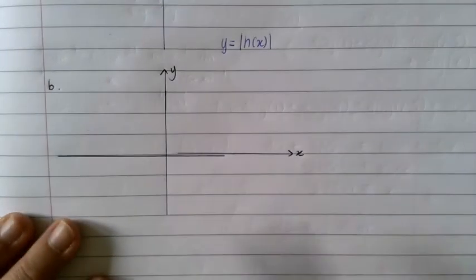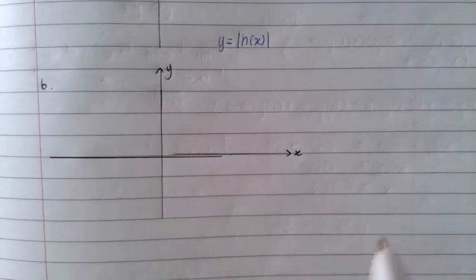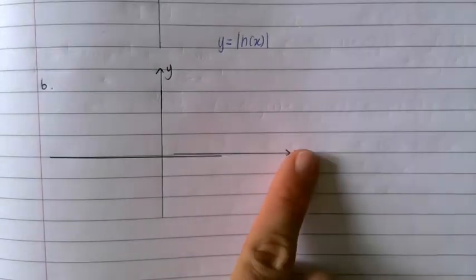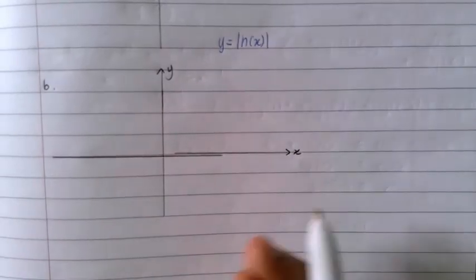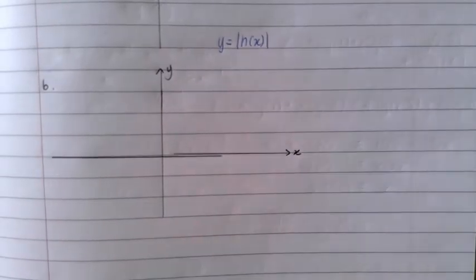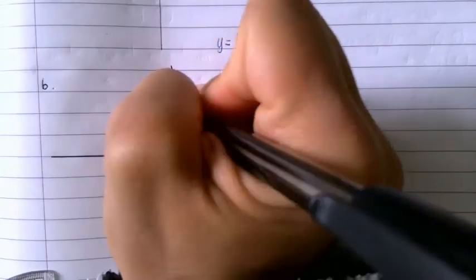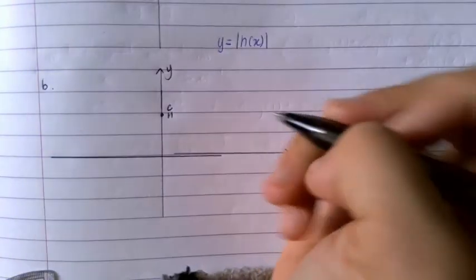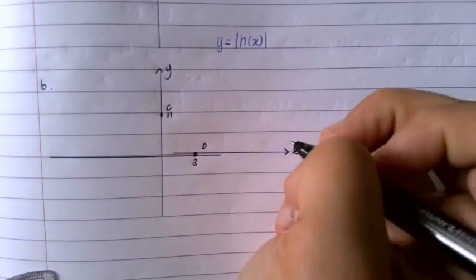So when sketching the function y equals f of the modulus of x, remember we draw the function for x greater than 0 and then we reflect it in the y-axis. So for this function, for x greater than 0, we have point C, which is at 11. We have point D, which is at x equals 3.